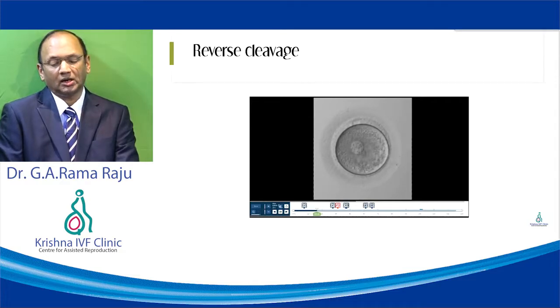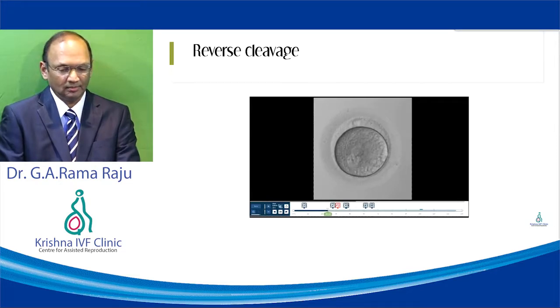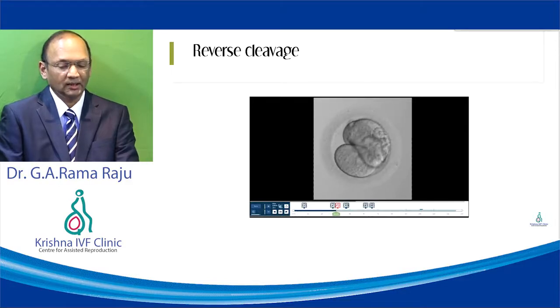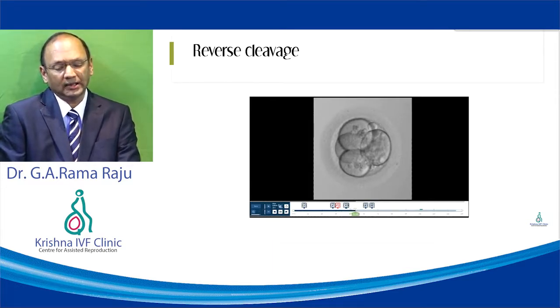This is the horizontal timeline which shows the time scale. Here you see a 2 cell, then a 3 cell, then becoming again a 2 cell. So this is called a reverse cleavage pattern, and these embryos most of the time will be genetically abnormal, and they are avoided.